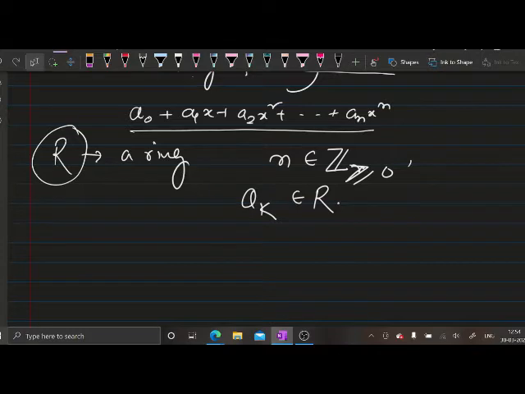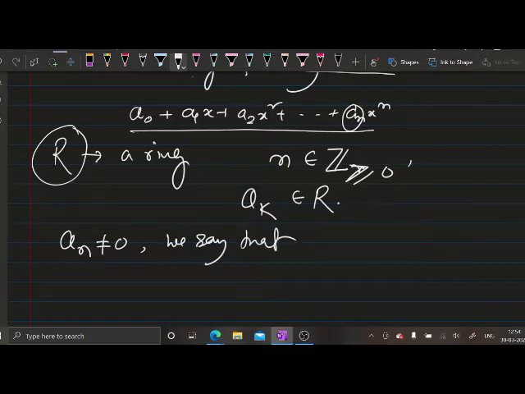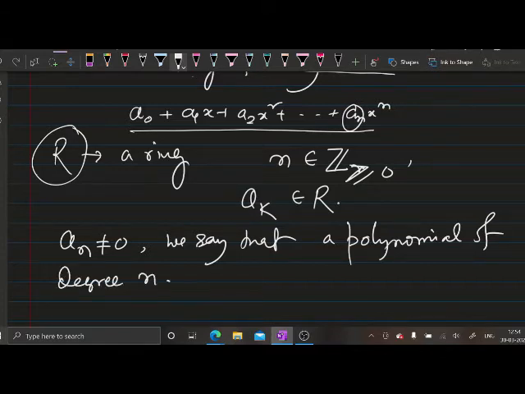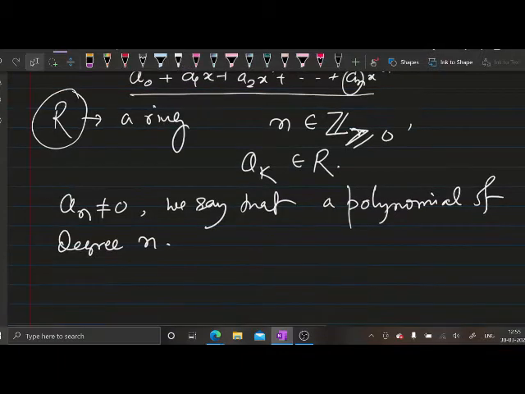Now, if it happens that this an is a non-zero element in the ring, then we say that the above expression is a polynomial of degree n, where this x has been treated as an indeterminate.